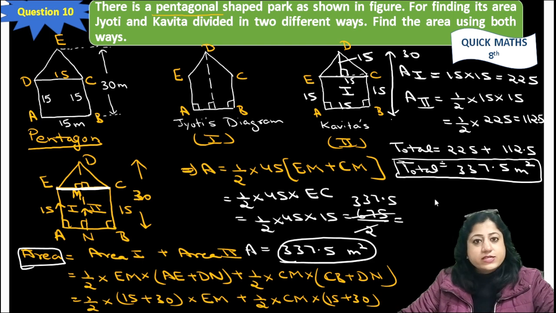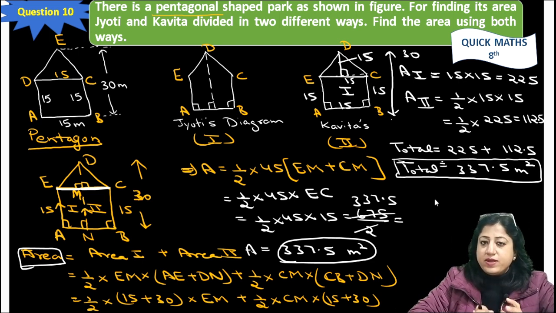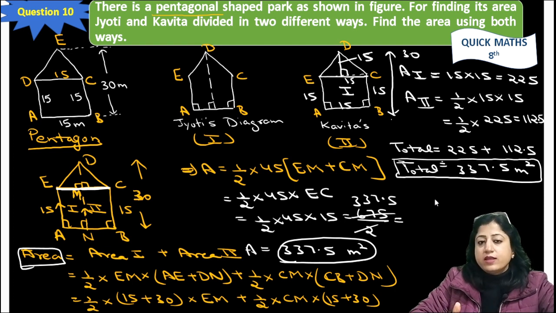So what can you suggest? In both cases, the figure is a pentagon and the measurements are fixed. We are not changing any measurement, we are just dividing the field in two different ways, so obviously the area will remain the same.